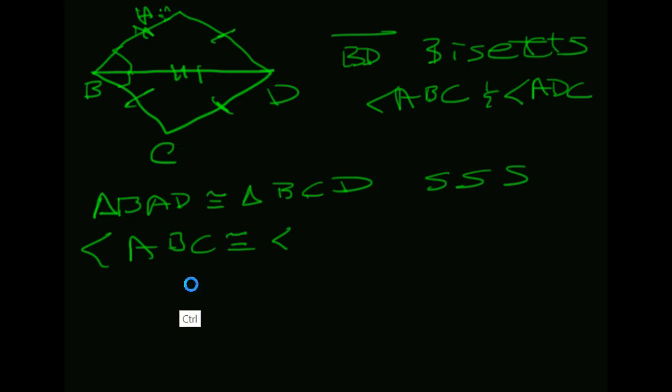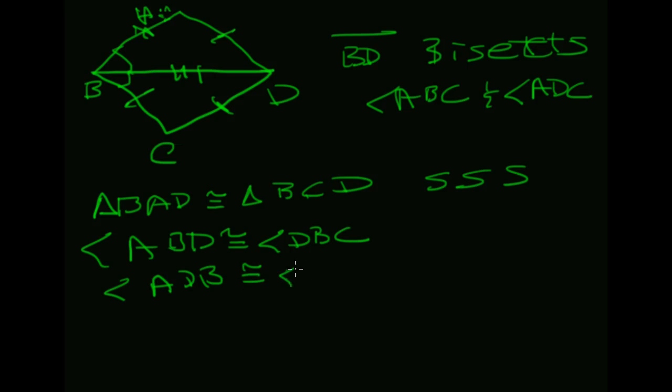Lots of stuff going on here. Angle ABD, there we go, has to be congruent to angle DBC, and angle ADB has to be congruent to angle CDB, right? So this has to be congruent to that, and this has to be congruent to that.